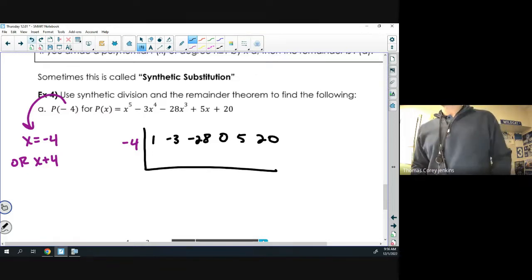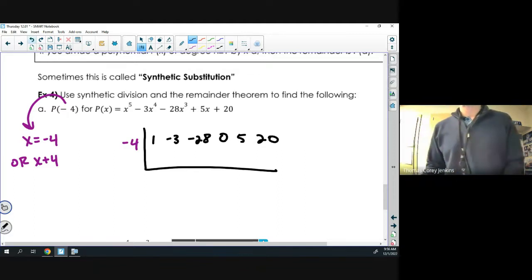Now this is a good one to test your speed on, right? Go through and try to do the process. I'll do it without talking, and we can compare at the end.